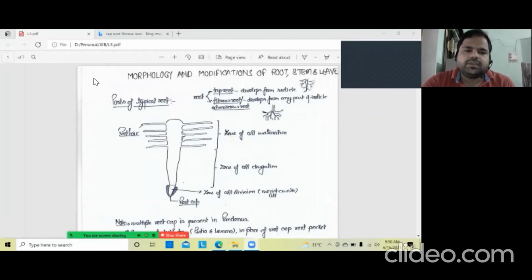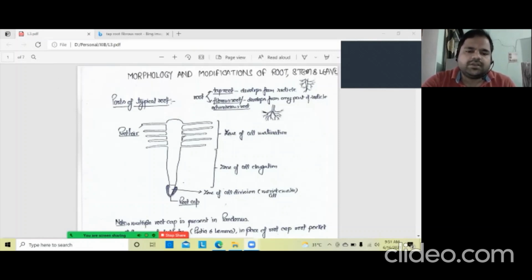And we can see here the upper part of the root has several thin root hairs, and the region where root hairs are present is called the zone of cell maturation. These root hairs increase the surface area of the root so that the plant can absorb the maximum amount of water.